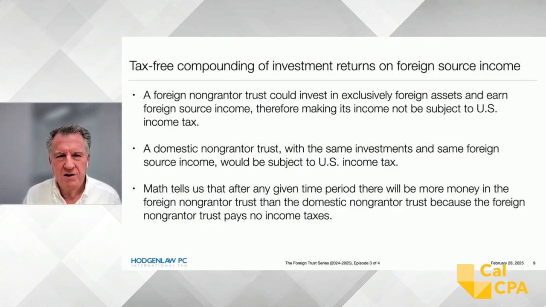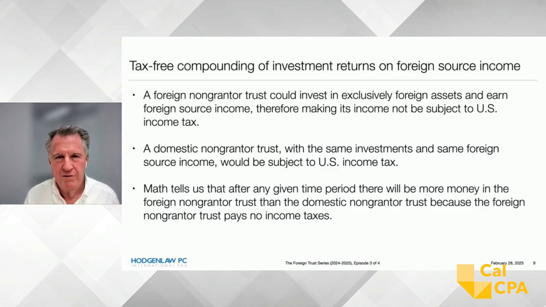By contrast, look at the same idea. If you have a domestic non-grantor trust, it's an absolute clone of the foreign non-grantor trust we're talking about, and it's earning the same foreign source income. The only difference is the domestic non-grantor trust is going to pay income tax on its foreign source income at whatever the rates are. And there you have it.